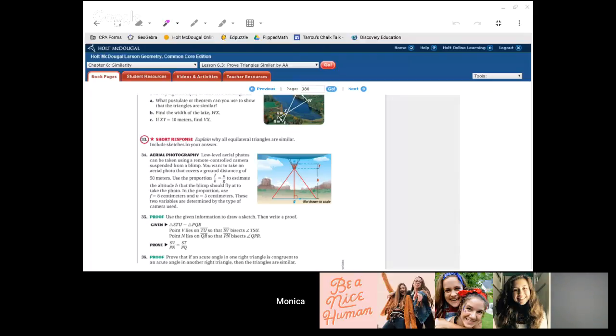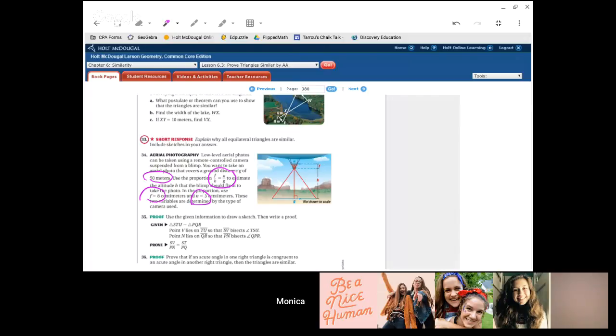Okay, so if you look at your diagram, they're telling you for your proportion, you're going to use this F over h and n over g, right? They want your ground distance to be 50 meters.